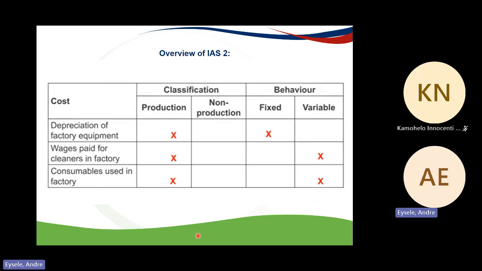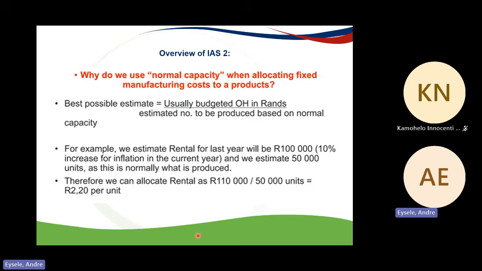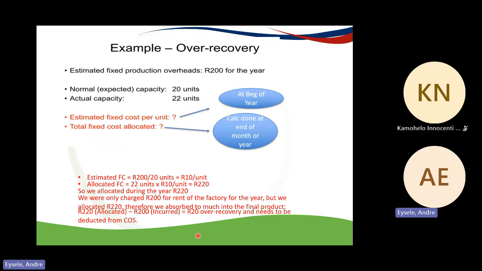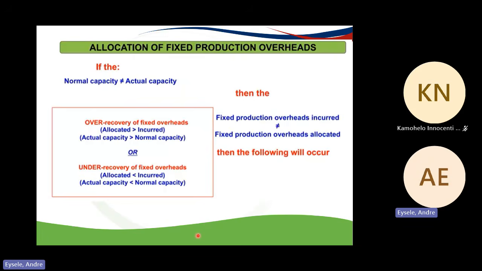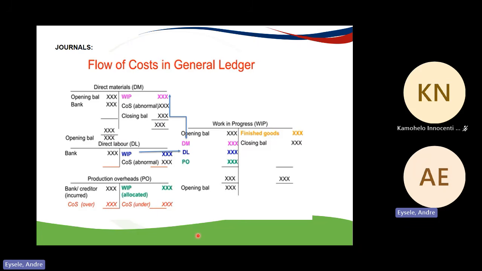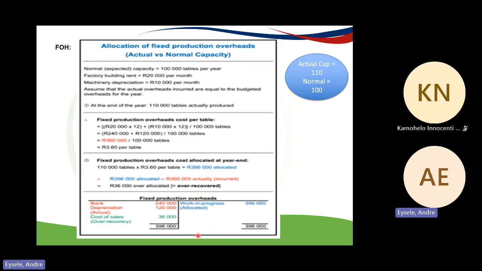So I explained to you the manufacturing of items, the fixed production overhead of items, the difference between normal capacity and actual capacity. Okay, how do we deal with that? As I've said, I'm not looking at the general ledger accounts. Colleagues, I forgot to mention, remember, for Financial Accounting 2601, byproducts and joint products is not the crux of our module.